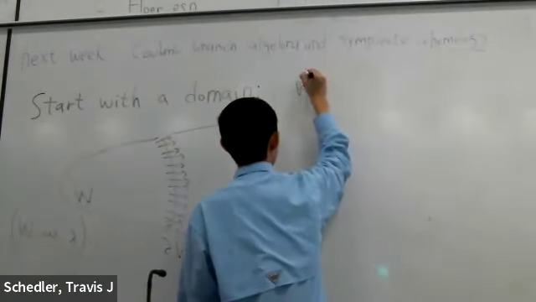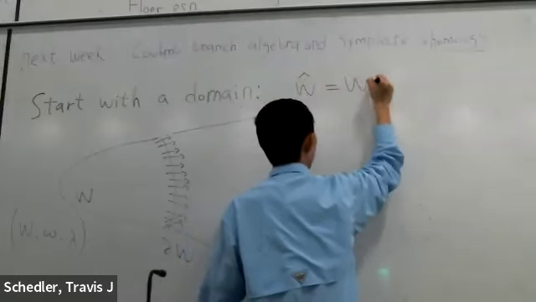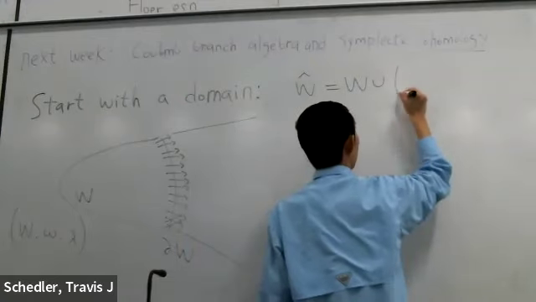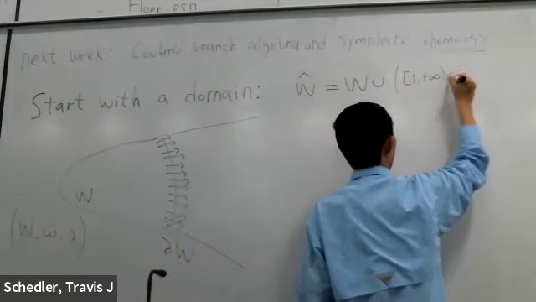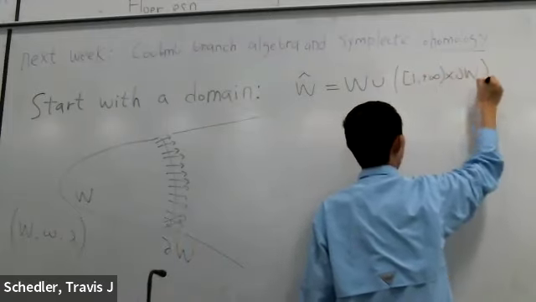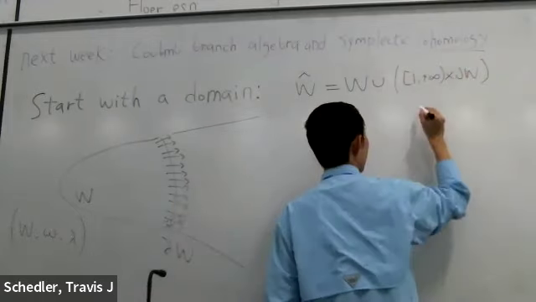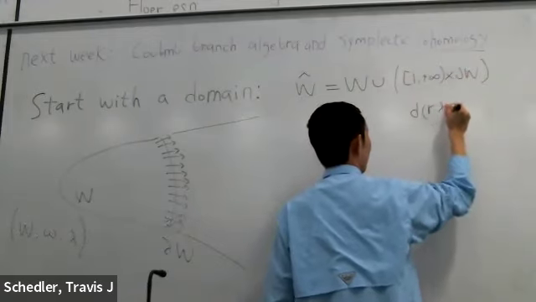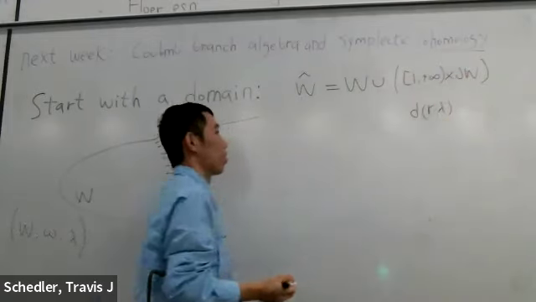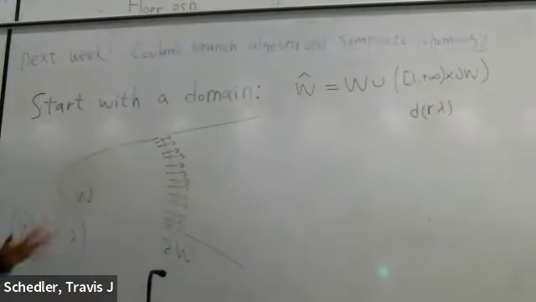So W hat is defined as W union [1, infinity) times the boundary of W, such that the symplectic form on this end is d(r lambda), and in the interior is the old symplectic form.